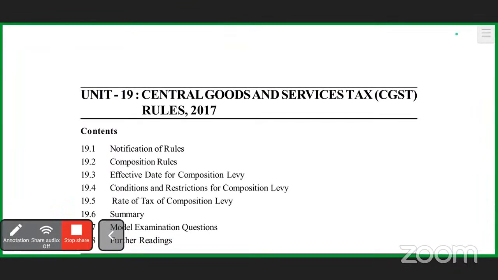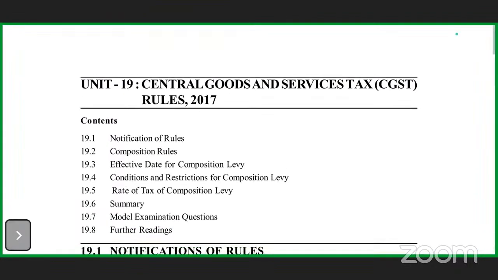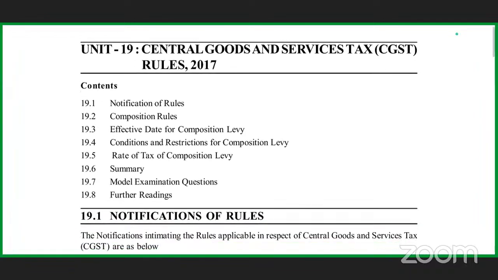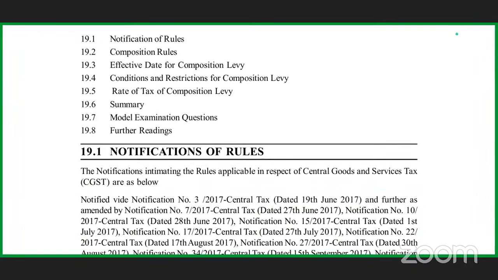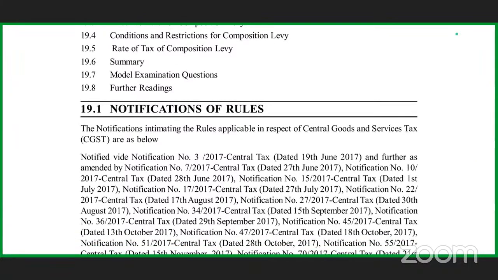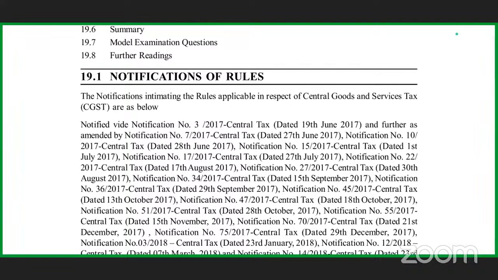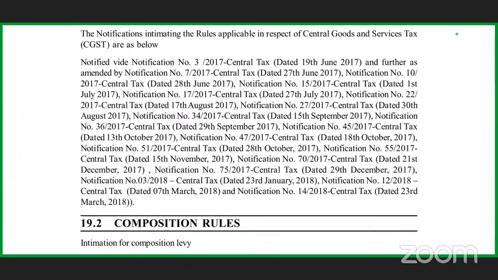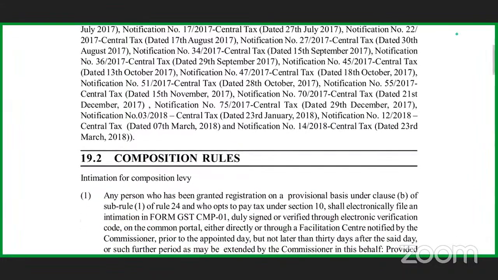So the Central Goods and Service Tax Rules 2017, because we have CGST as well as SGST. First we'll try to understand what CGST is. These are the rules applicable in CGST, given below, with the different notifications that have been issued.